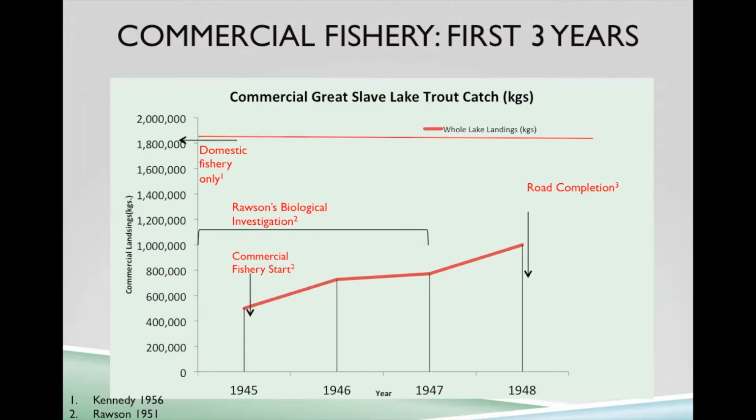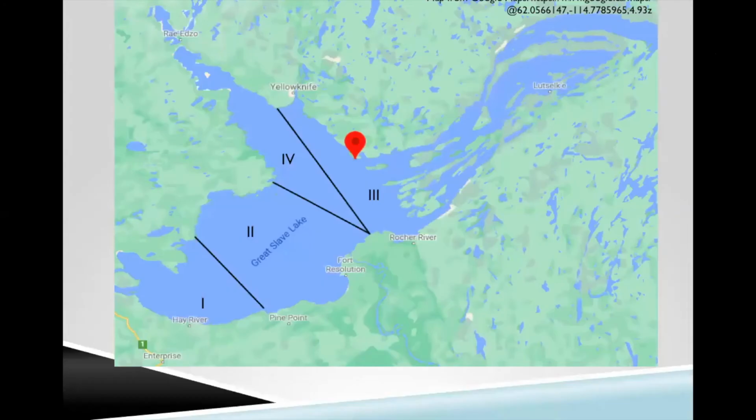Knowing this, and the fact that the original quota had not yet been reached and that commercial exploitation was only taking place over a small area of the lake, it was determined by Rawson's first investigations that if effort were distributed more evenly over the lake, accomplished by dividing the lake into administrative areas with associated limits, the entire lake pooled quota could be doubled. So this map here helps to show the subdivisions that occurred following 1948, the year that the quota had changed, and of the road completion.